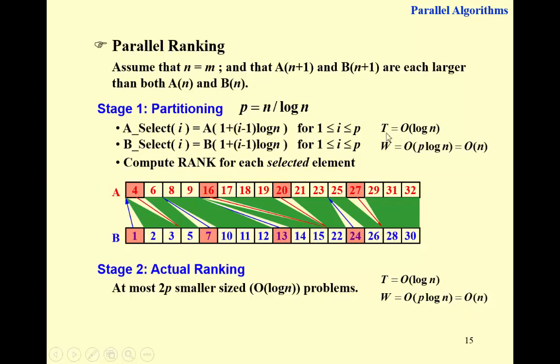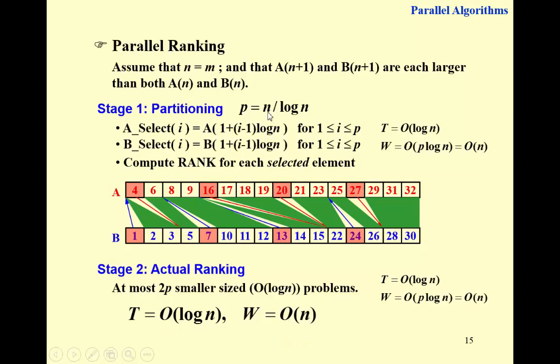And therefore, the overall performance is what? That the runtime is big O of log n and the total workload is big O of n. So the workload is the same as the sequential algorithm and the time is saved.